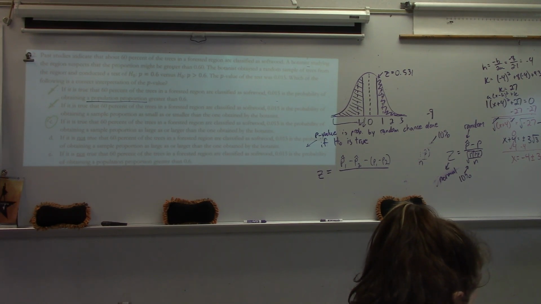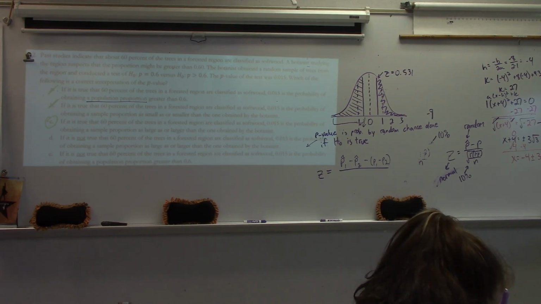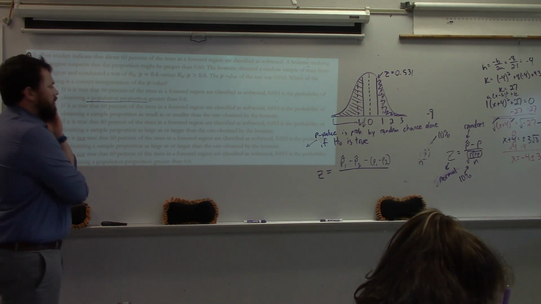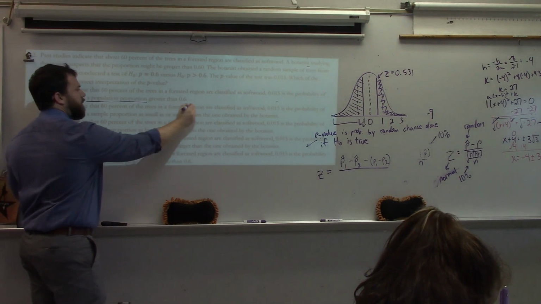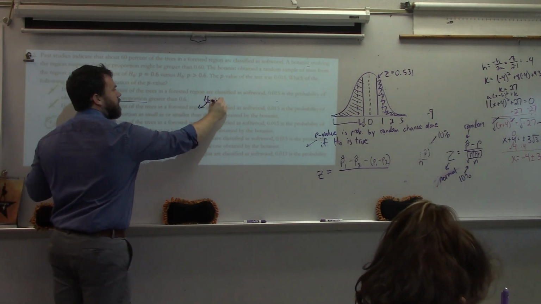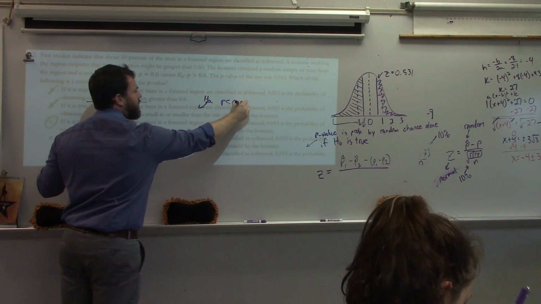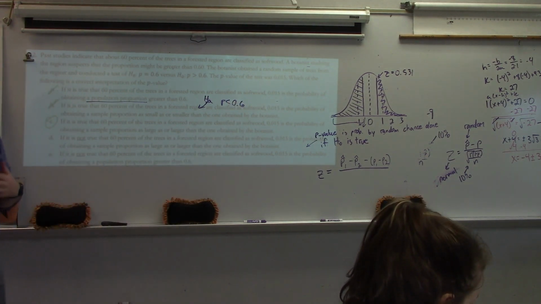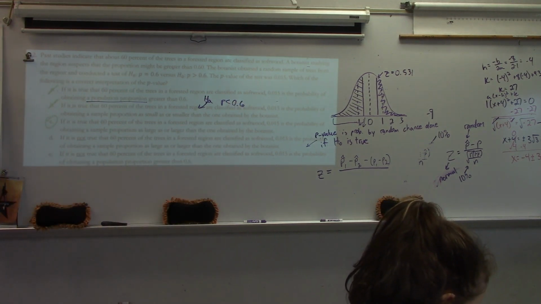It's the wrong direction. If it's smaller, what would the alternative be? Yeah. This time, my alternative would have been that p is less than 0.6. Right? Smaller. But the alternative here was greater than.